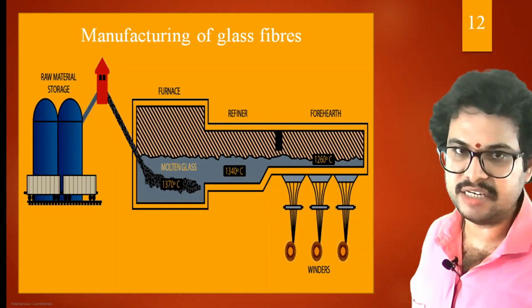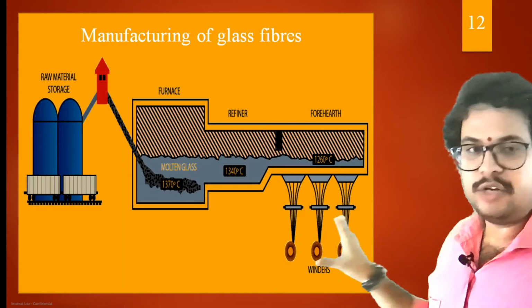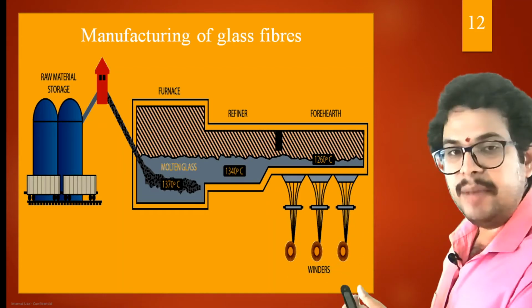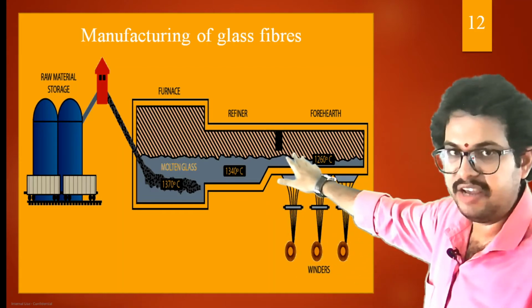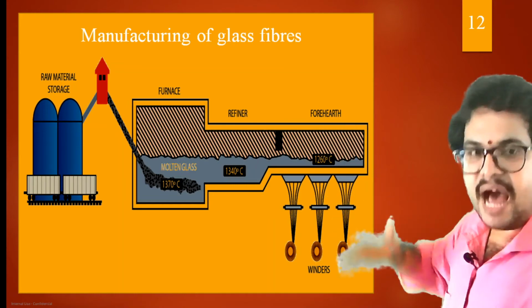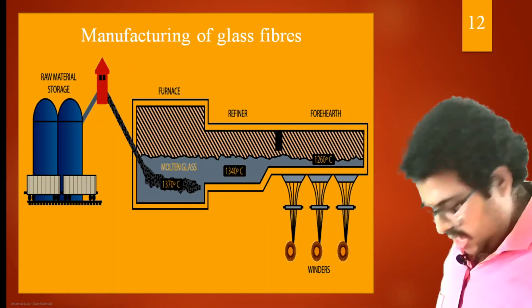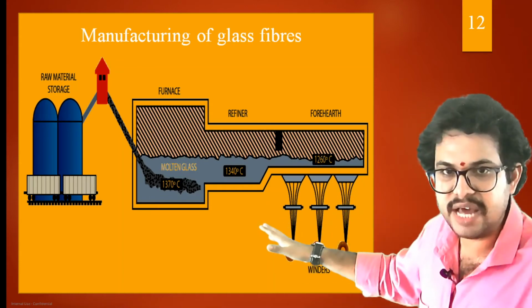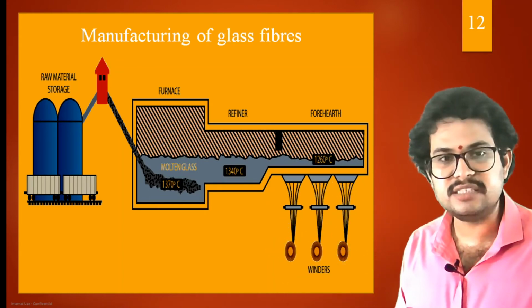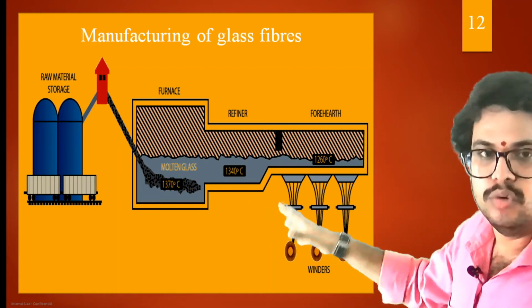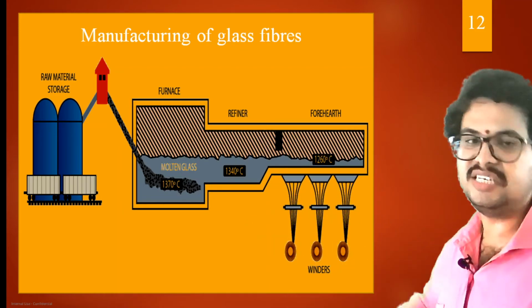This will be supplied to a furnace, and through the furnace the molten material will flow through the refiner, and finally it will come to the forehead. After this, the temperature is brought down, so that from 1370 degrees centigrade the molten material continuously gets cooled to 1260 degrees centigrade.